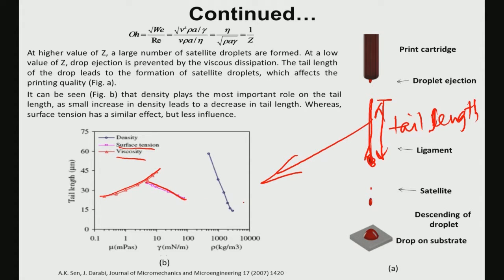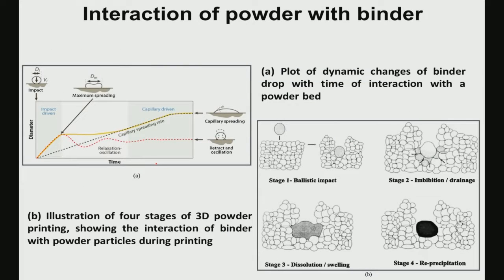If you increase the surface tension, then your tail length decreases. If you increase the viscosity, your tail length increases. So, you need to have a balance between these two competing terms, surface tension and viscosity, and that leads to a very printable binder formulation.